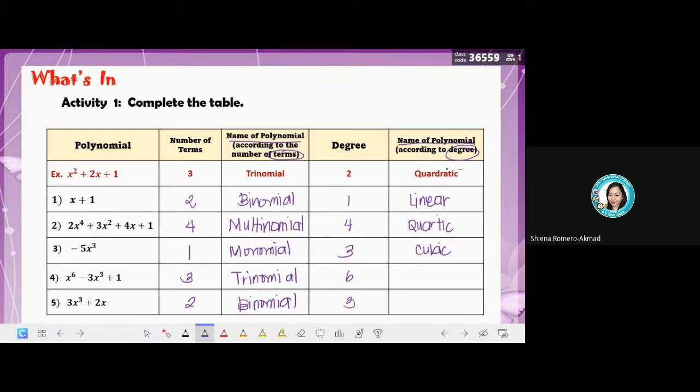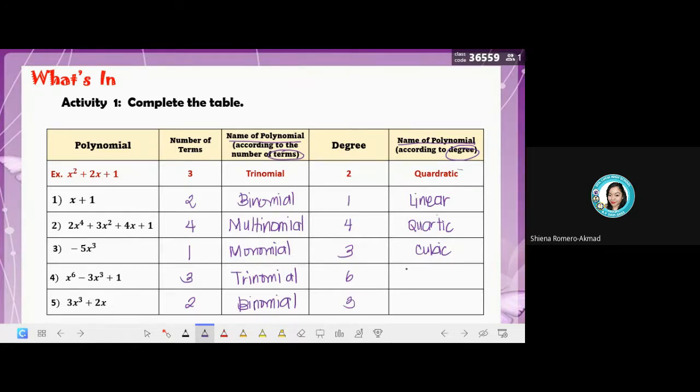Number 4. The highest exponent is 6. So, anong tawag natin dyan? Anyone who knows what do we call this kind of polynomial? The name of this polynomial? How about number 5?